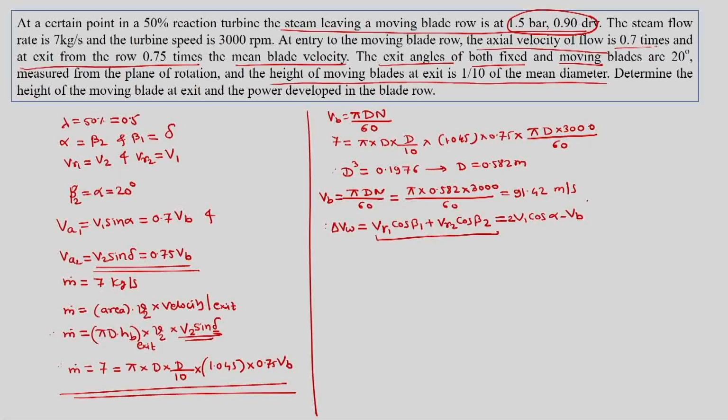So having said this, we know now everything, and we can find out delta Vw from here, and so we have delta Vw is equal to 260.2 meters per second, where we are going to make use of the fact that here we need to know V1, and this is basically found out from this expression, which says that V1 is equal to 0.7 Vb divided by sin alpha.